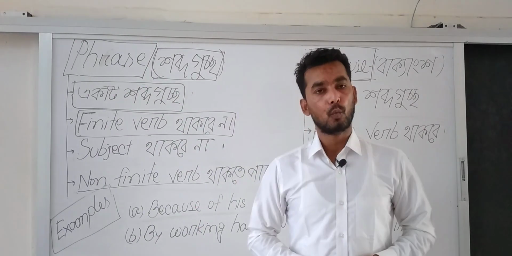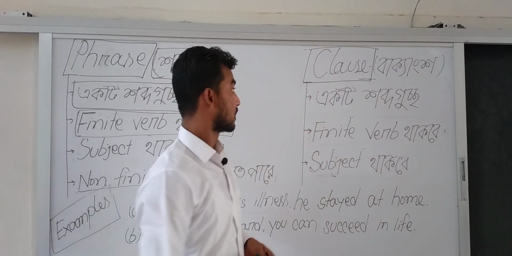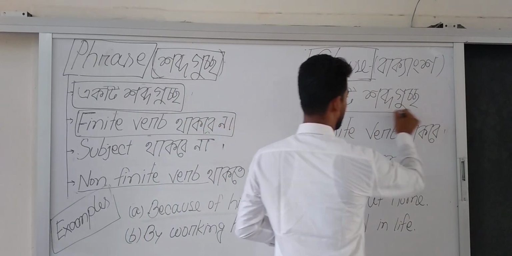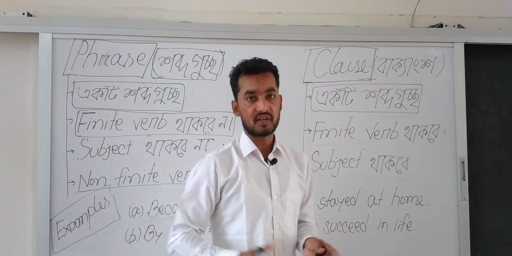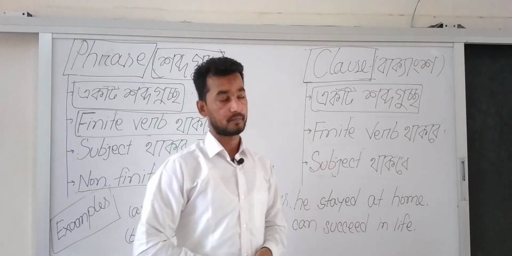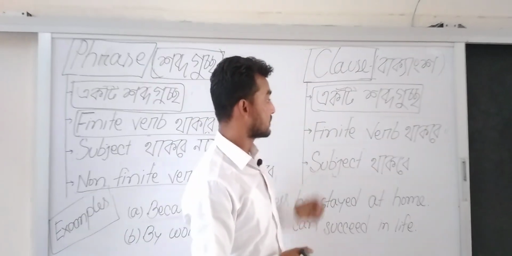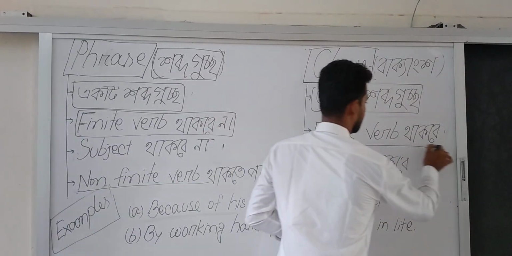Okay? Now we will know about clause. What is clause? Clause is also a group of words. But there are some basic differences between phrase and clause. In a clause, we find a finite verb.